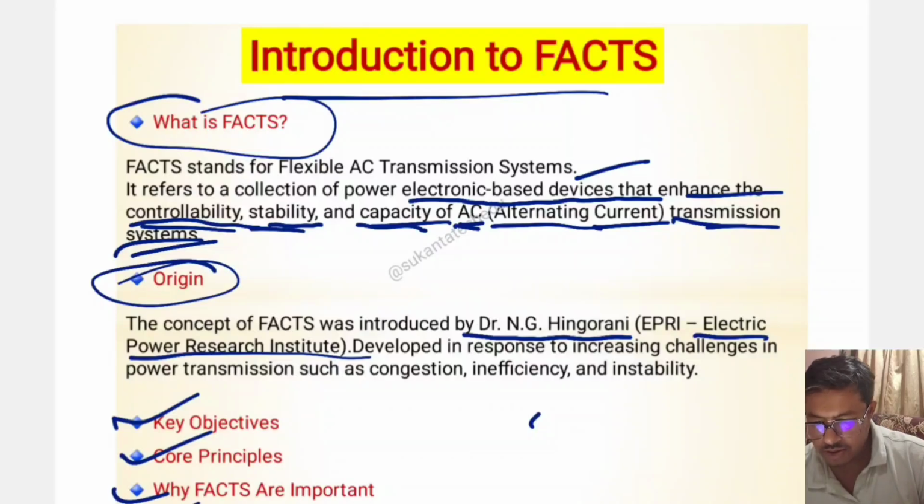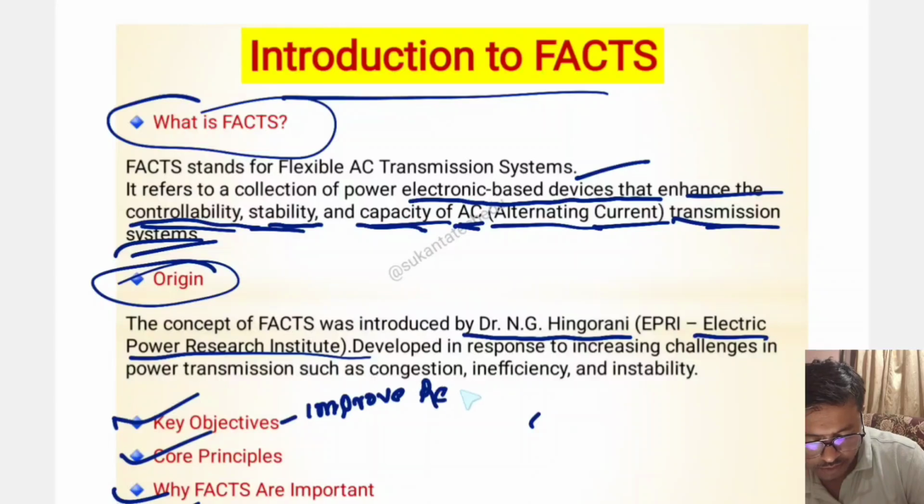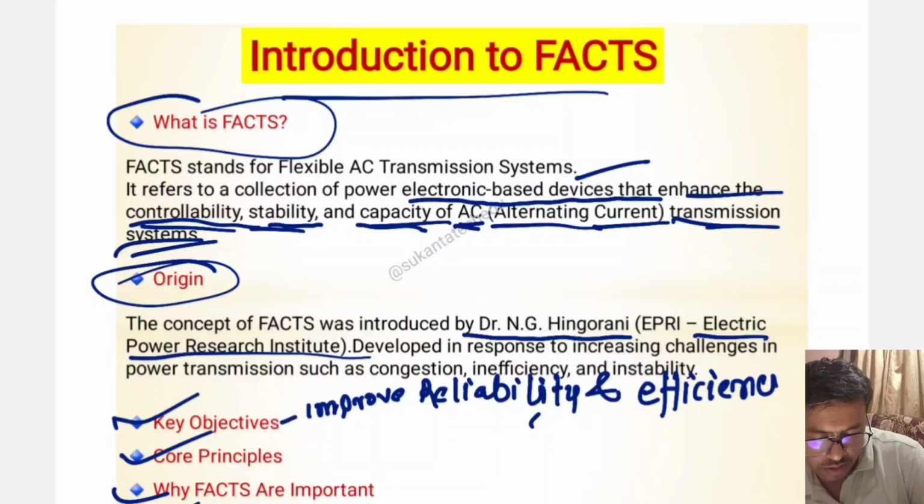What are the main benefits of FACTS? What are the key objectives? The main objective is to improve the reliability and efficiency of the transmission network. This is one objective of FACTS.